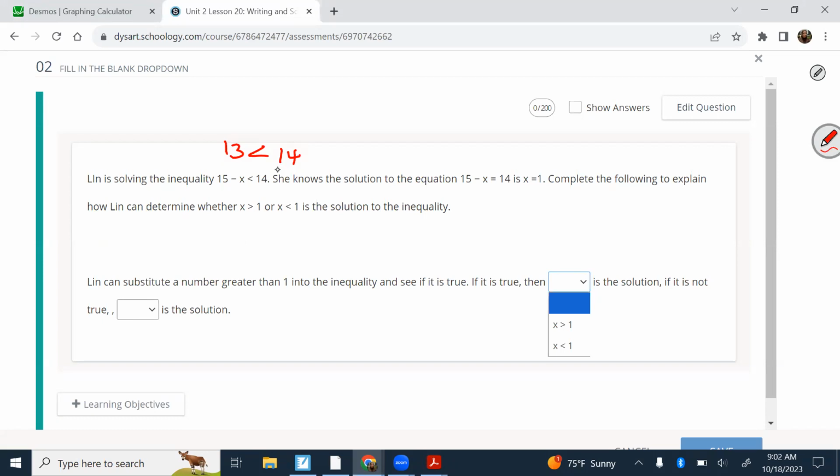So we just tested it out. If we're plugging in a number that's greater than 1, like we plugged in 2, and we saw that it produced something that is true, 13 is less than 14, then is this the solution? If it makes a true statement, is that it? So then you should be picking the one that has that inequality for the solution.